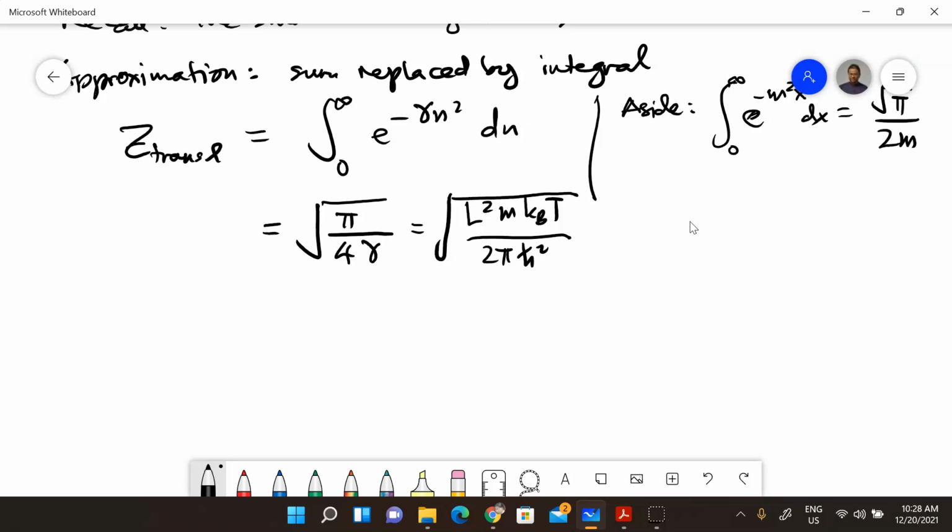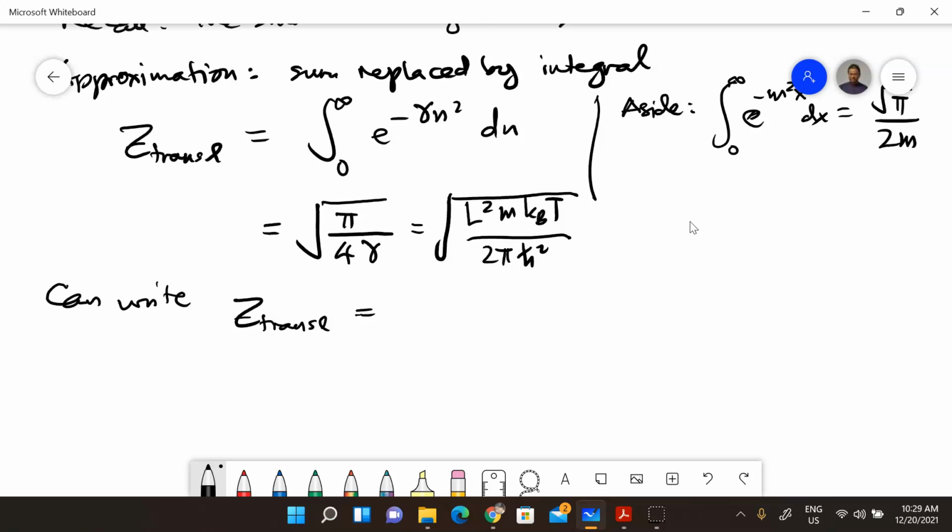So I can write your Z translational as the following dimensionless quantity.